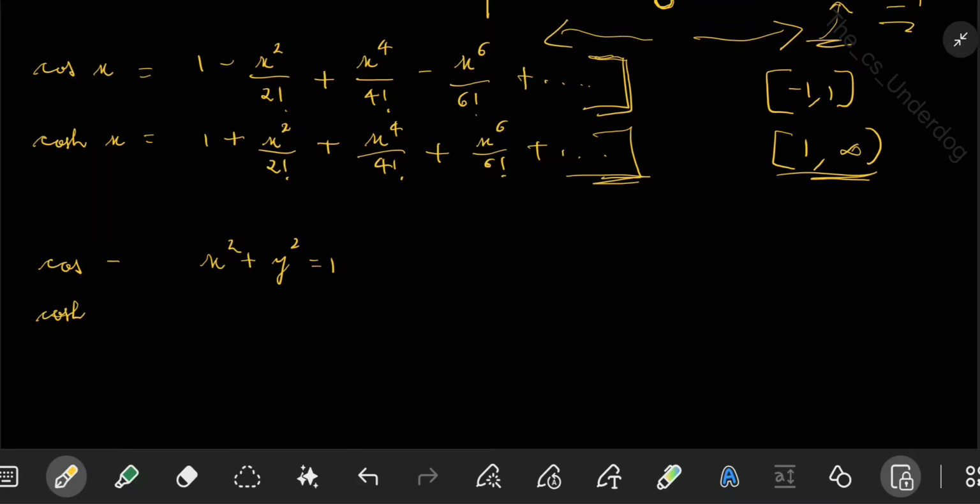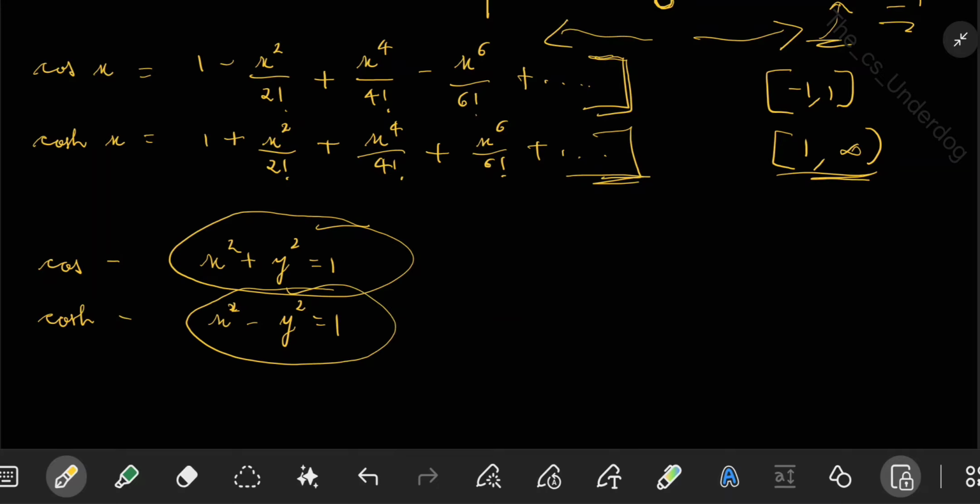That is what I want to tell you. So in case of cos h, instead of the unit circle, here it becomes unit hyperbola. So it relates to a point on a unit hyperbola. Then the equation of hyperbola will be x square minus y square is equal to 1. So this is the difference. Cos x means a point on the unit circle and cos hx means point on unit hyperbola, right? So this is the geometric interpretation.